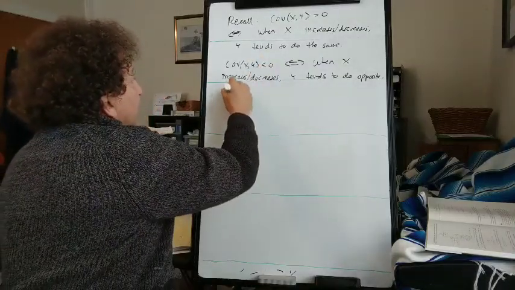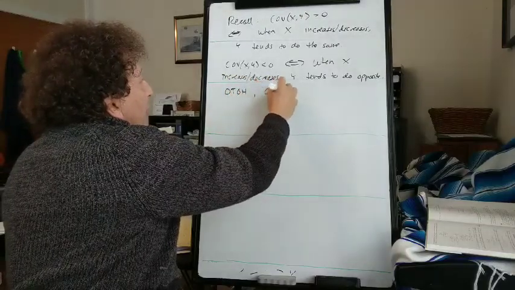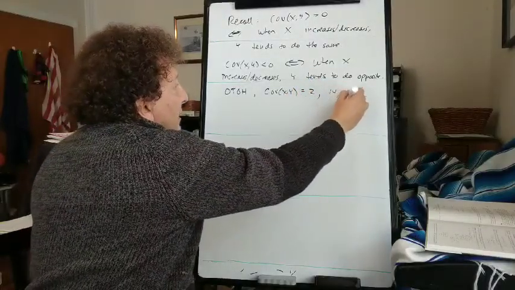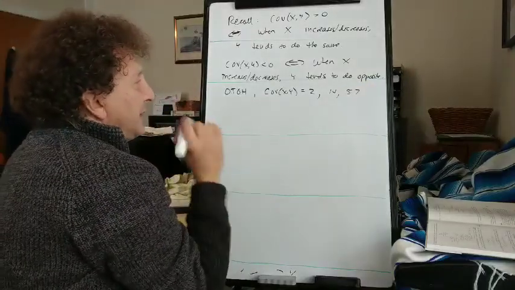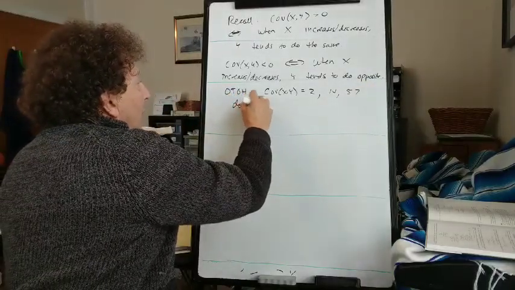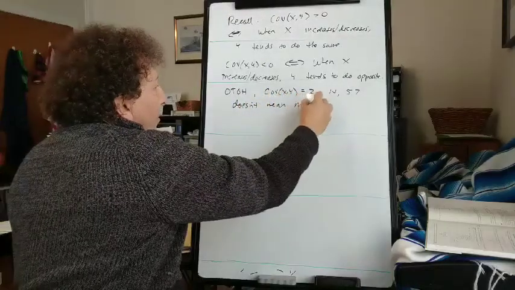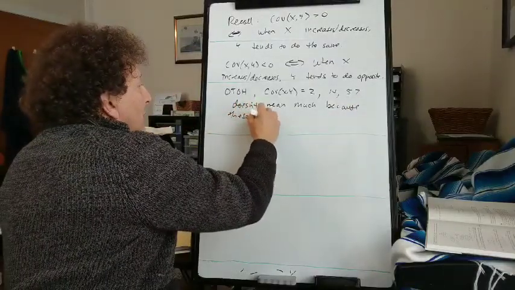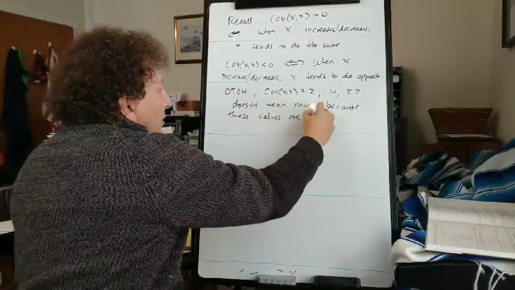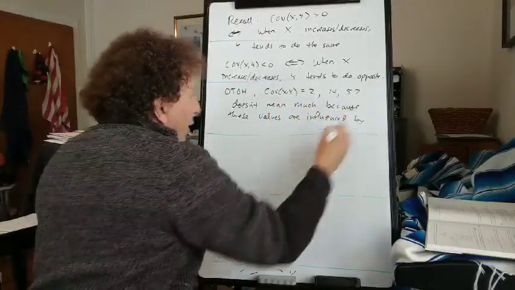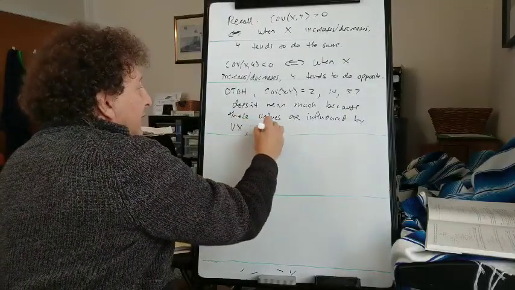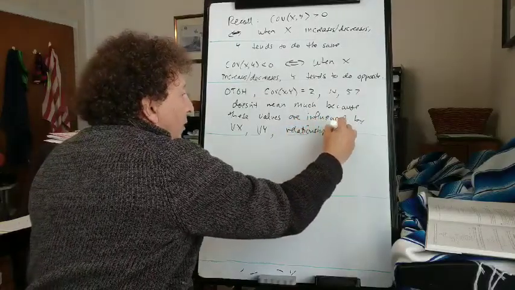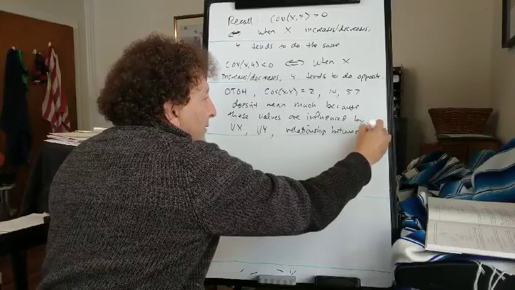On the other hand, if the covariance of x and y is 2 or 14 or 57, that doesn't mean much, because these values are influenced by the variance of x and variance of y and the relationship between x and y.